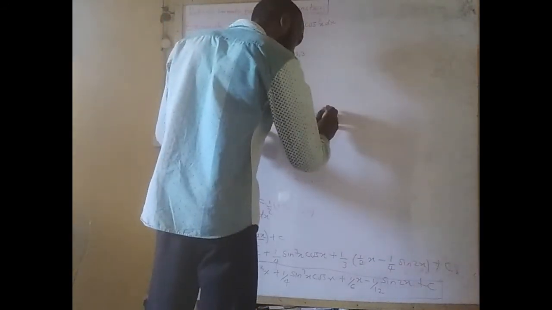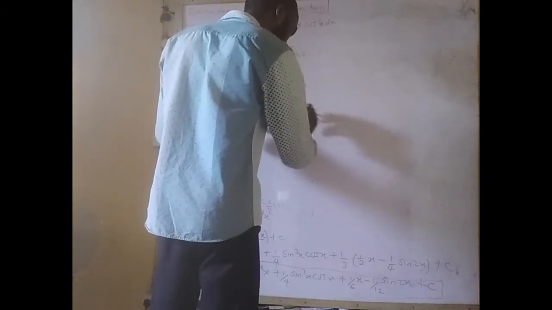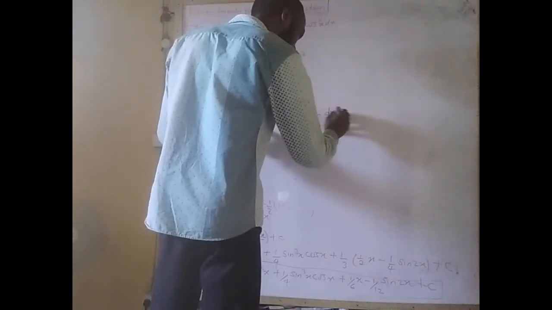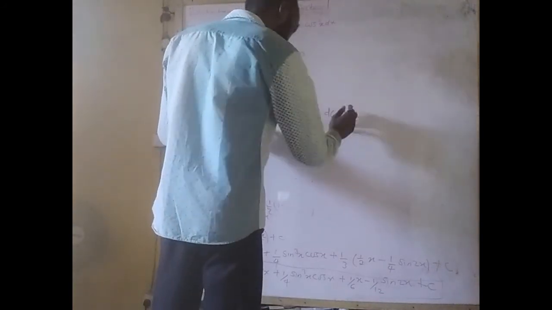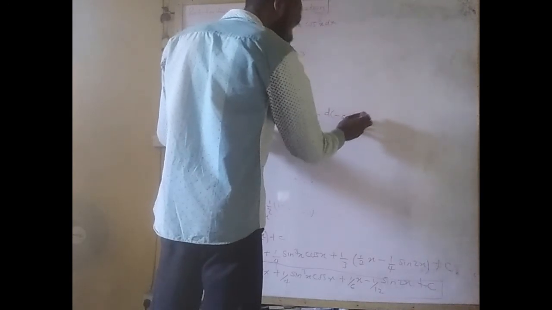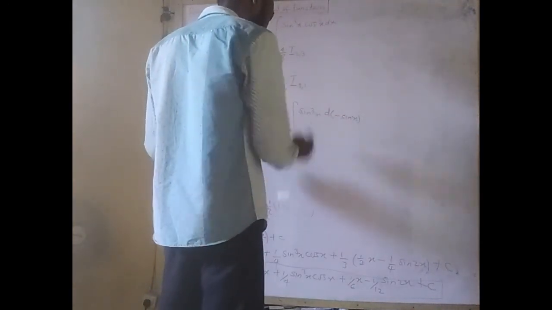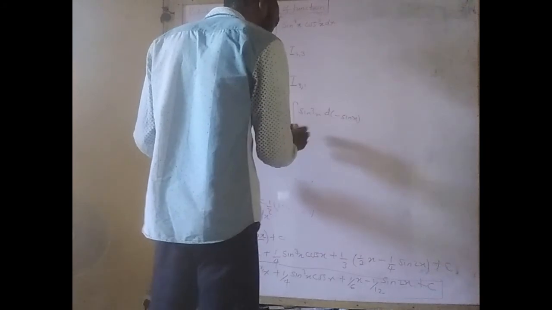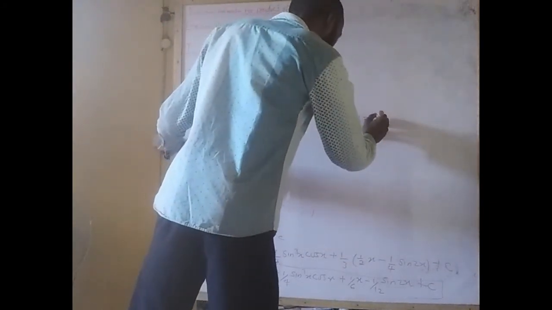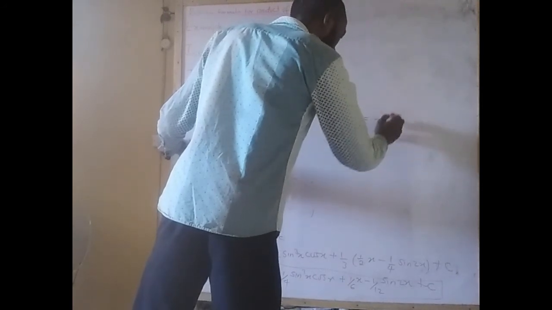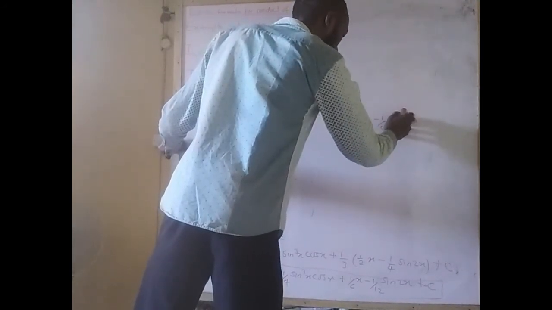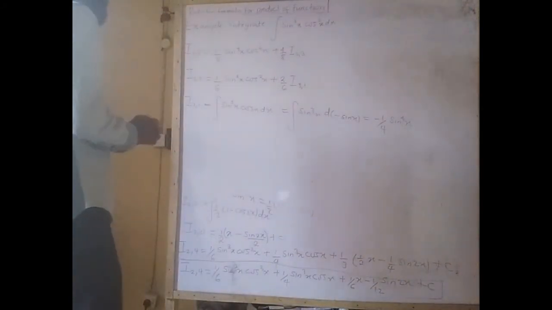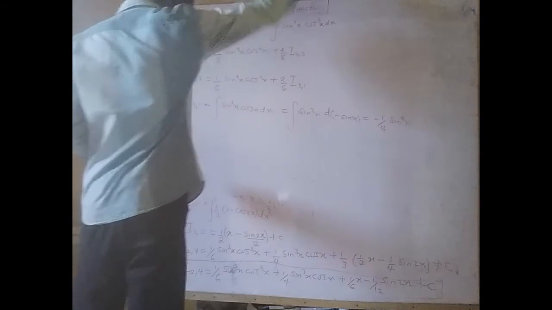Then I can easily say, if I put minus, I have d of minus sine x. It means I can put this to also be minus over minus. Then at the end of the day, this integration is going to give me minus 1 over 4 sine power 4x. Then substitute everything back to the given question and we have our result.